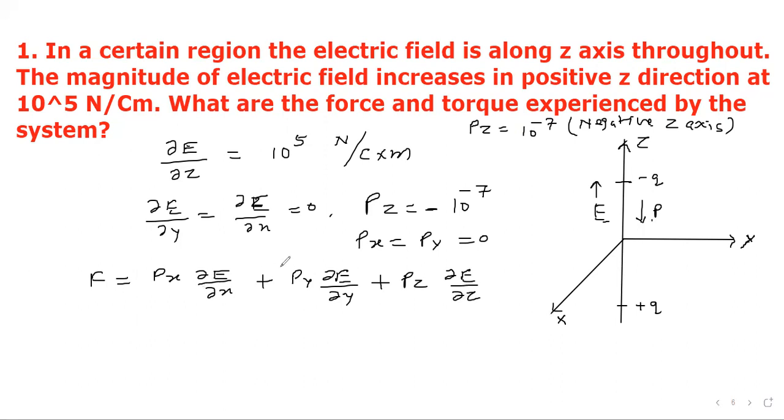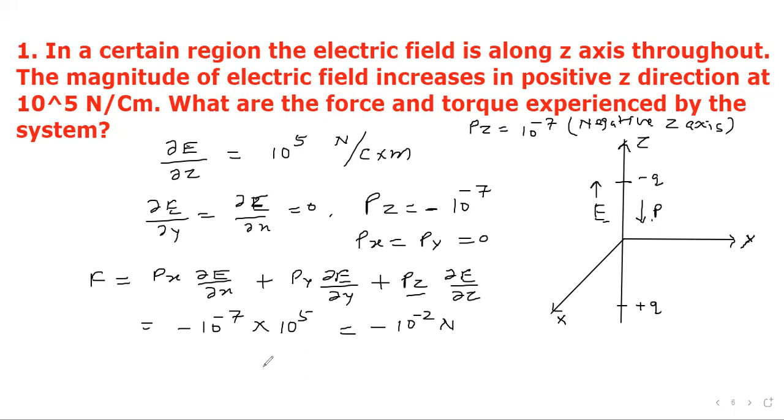Here Px is 0, Py is also 0, so the first two terms will cancel out. So we get the third term as minus 10 power minus 7 times del E upon del Z, which is 10 power 5. So that will be minus 10 power minus 2. So this is the net force.